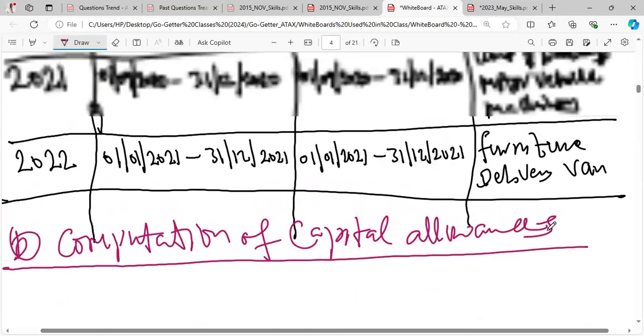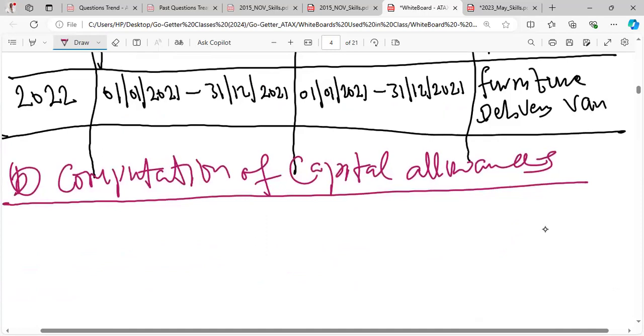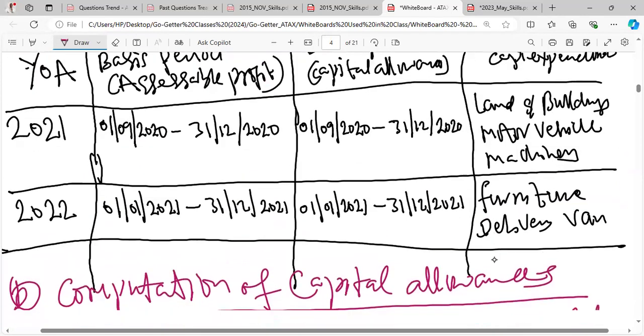So I will come here, I will arrange it this way. I will have my total figure here, total capital allowance. I will call furniture and fittings F and F. Delivery van, I will join it with motor vehicle.